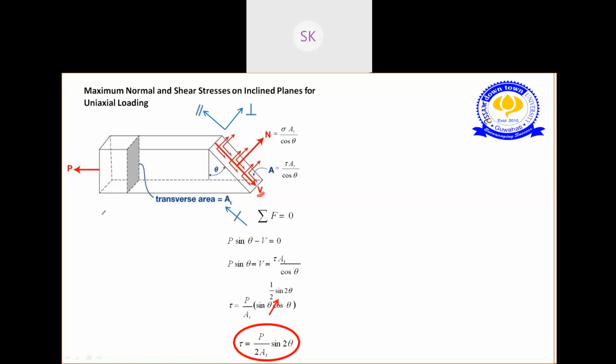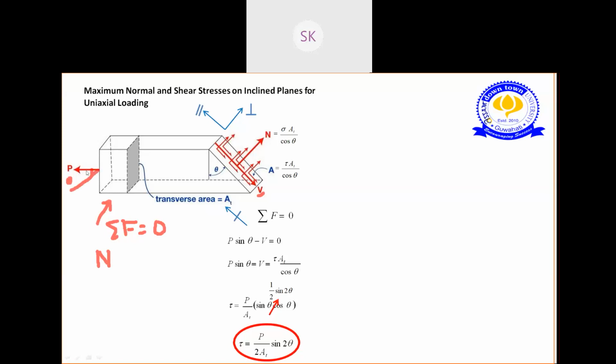Suppose I'm taking the perpendicular. Summation of all the perpendicular forces equals 0. Now in this section, the perpendicular force is N, so I'm representing it here as N. This is P. We have to resolve a perpendicular force. We know by geometry, this will be the perpendicular section with an angle of theta.